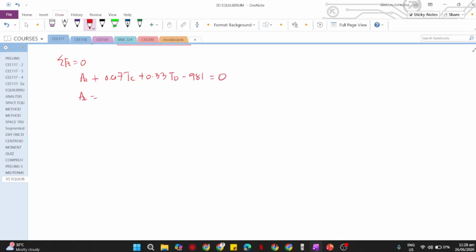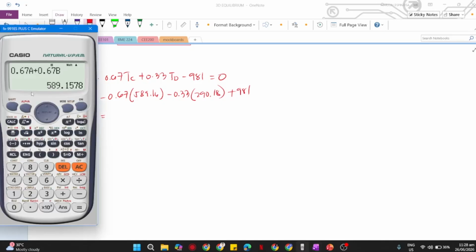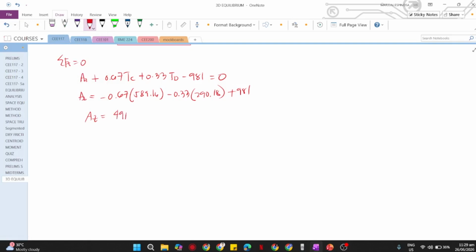So AZ becomes negative 0.67 TC, 589.16, minus 0.33 TD, 290.18, and from negative, 981 becomes positive. On the calculator: negative 0.67 alpha A minus 0.33 alpha B plus 981, and that is equivalent to 490.5 newtons.